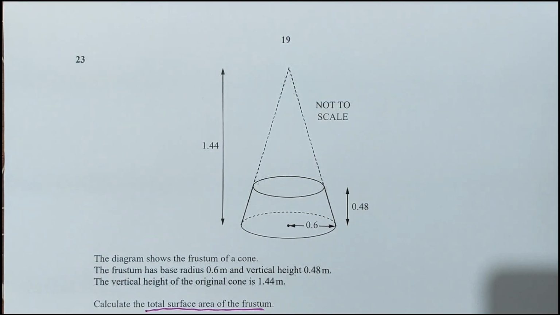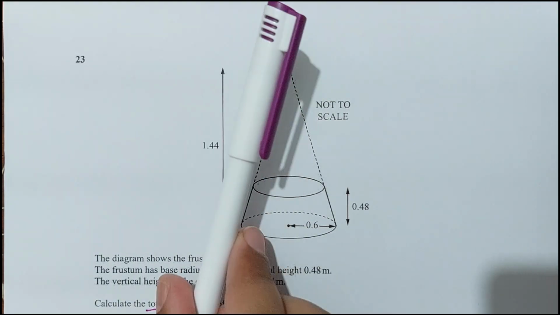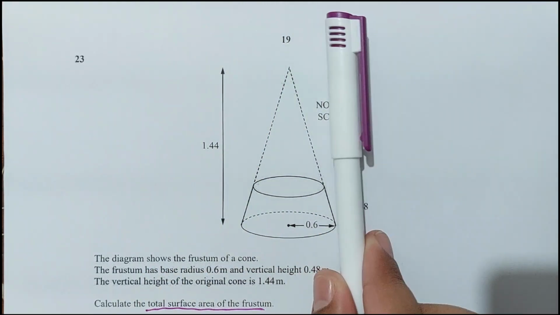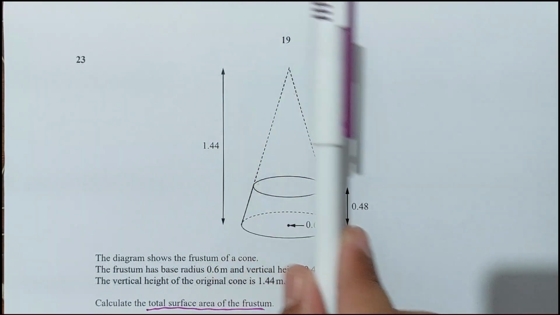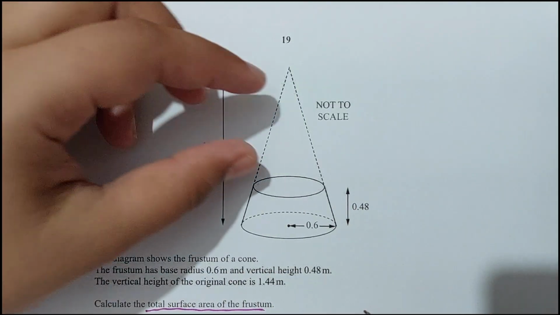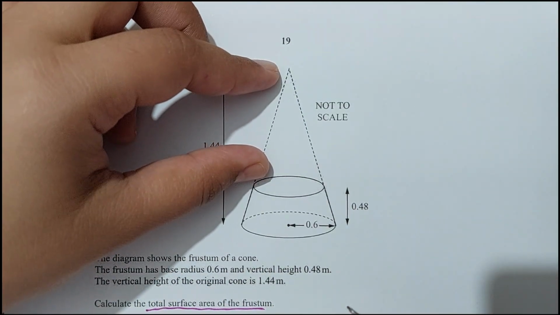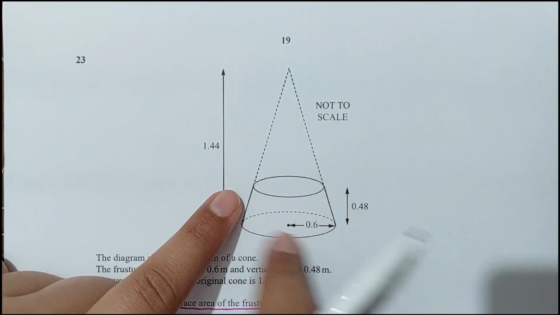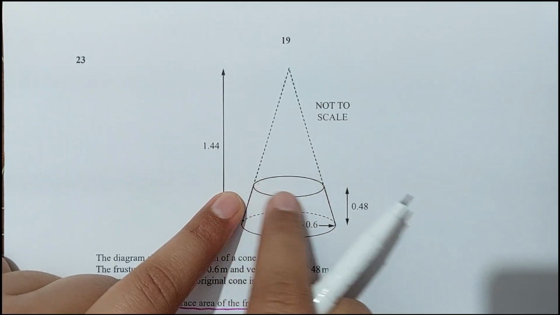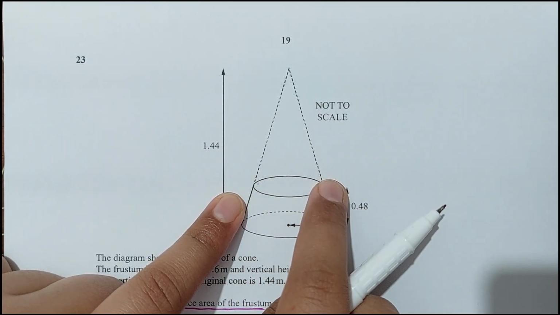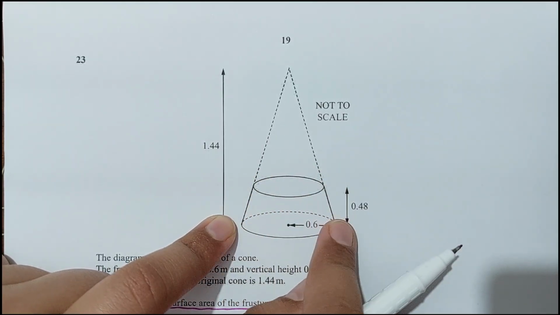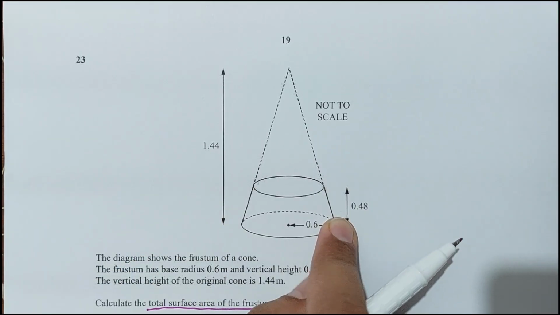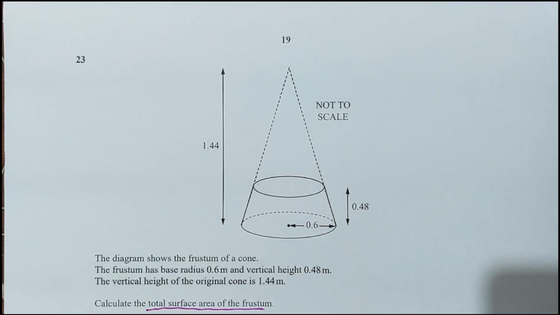So the total surface area of a frustum is basically the curved surface area of the larger cone, subtract the curved surface area of the smaller cone, because the smaller cone is not included in the frustum. That gives the curved surface area of the frustum, plus the surface area of the top, which is the circle, plus the surface area of the bottom, which is the circle. That would be the total surface area of the frustum, right?